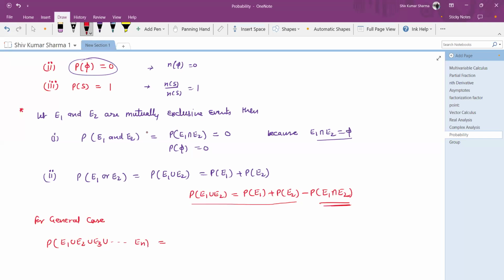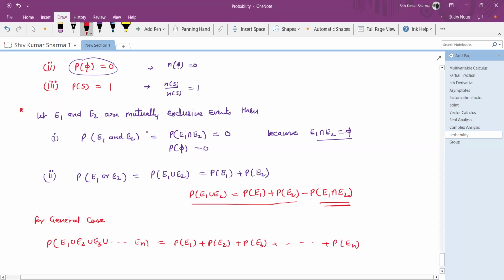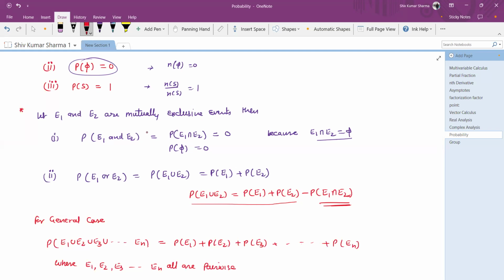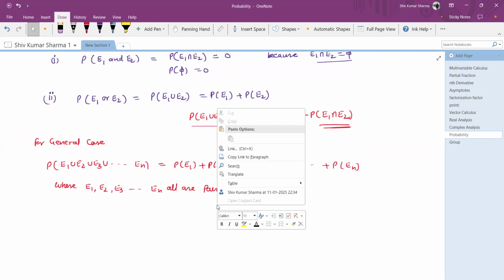This is always equal to probability of E1 plus probability of E2 plus probability of E3 and so on, plus probability of event En, where E1, E2, E3, En are all pairwise disjoint. Disjoint sets mean intersection equals phi.